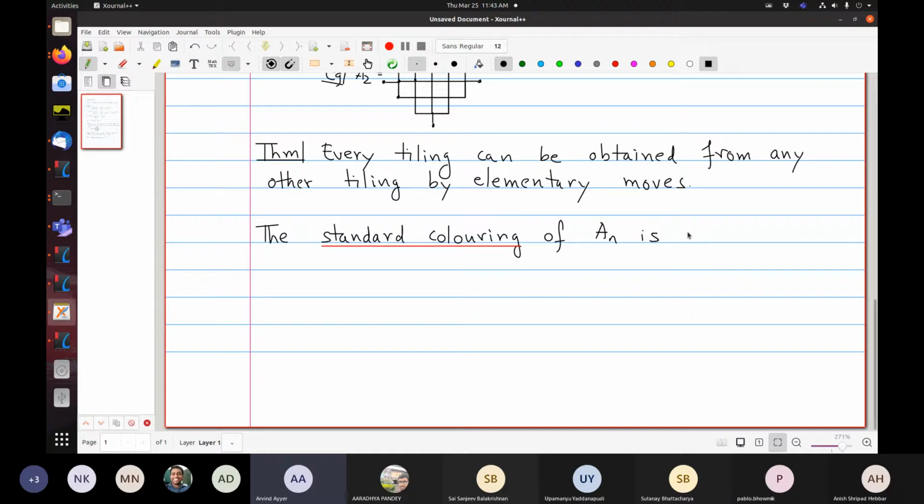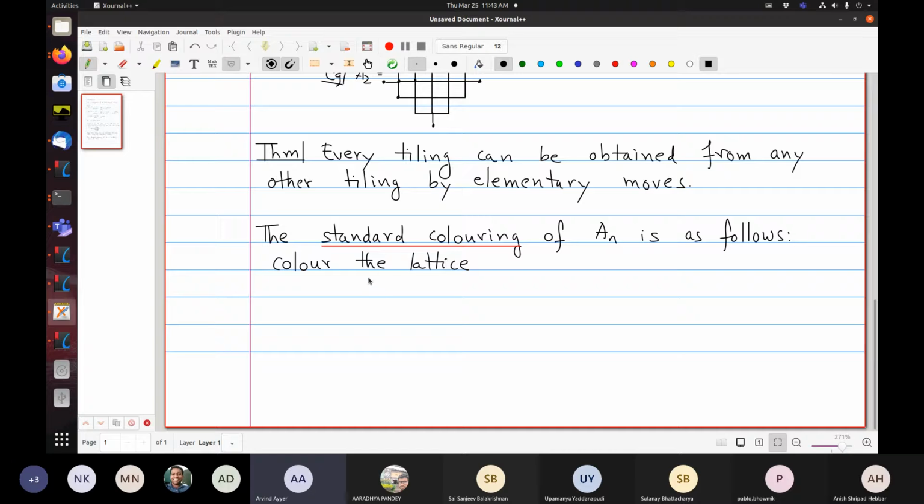is as follows. Color the lattice squares. Remember that a lattice square is a fundamental domain of the lattice.